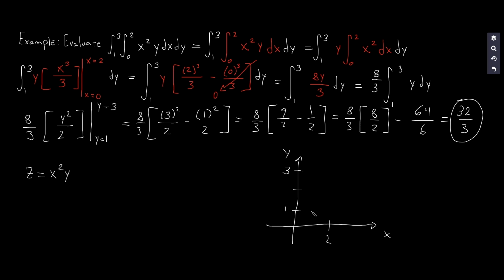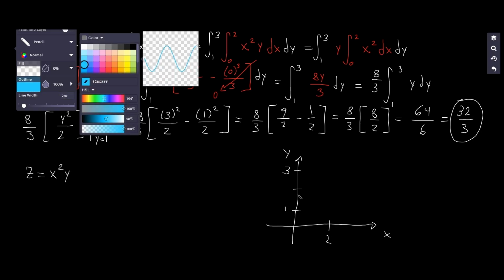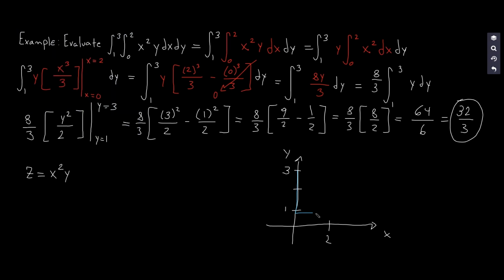And so the region in question here, we'll do this in blue. The region in question here is like this, right? And so R describes the surface over the top of this, and we just found the volume.